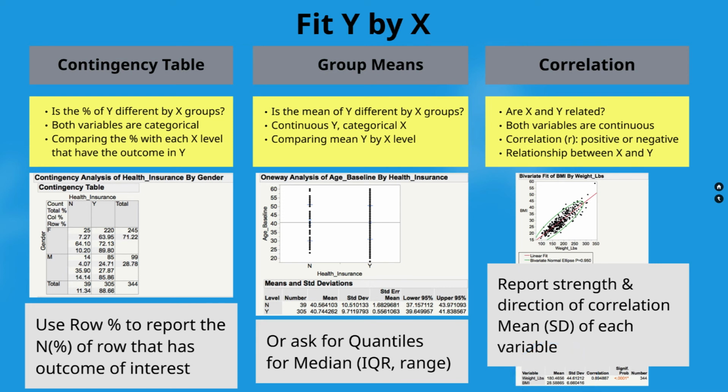In this case, it is a strong positive relationship with a correlation of 0.89, meaning that as weight increases, BMI increases, and they are rather highly related. You would also, for all three of these questions, want to report the total N as well as the N per group if you're looking at contingency tables and group means.